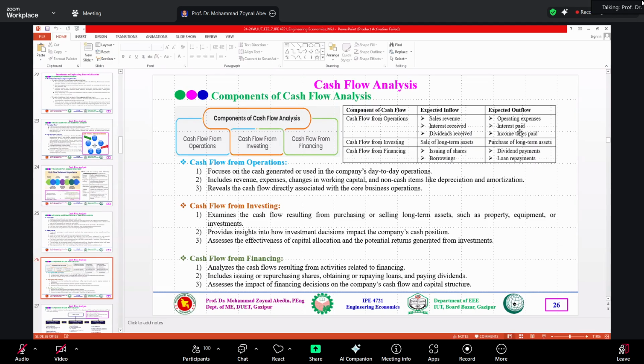Here, this is inflow, this is outflow. It reveals the cash flow directly associated with the core business operation. This is very important for the core business operation.